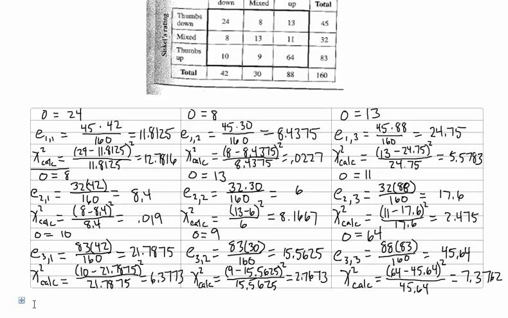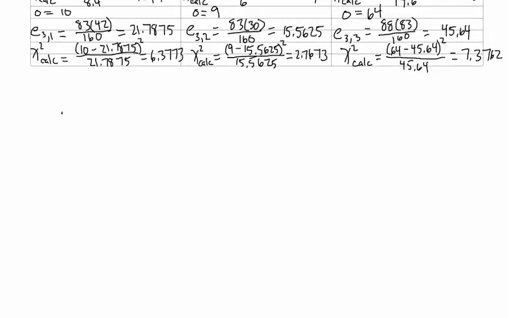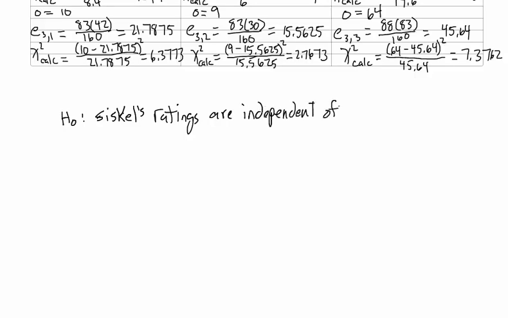And now that we have all the number crunching done, we want to run the hypothesis test. So our null hypothesis is Siskel's ratings are independent of Ebert's ratings.